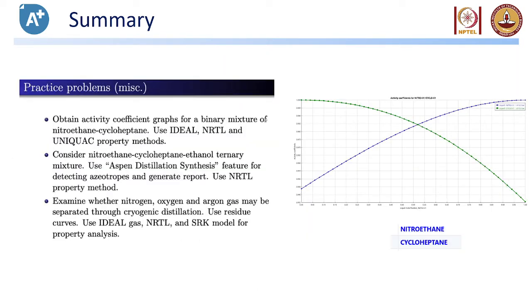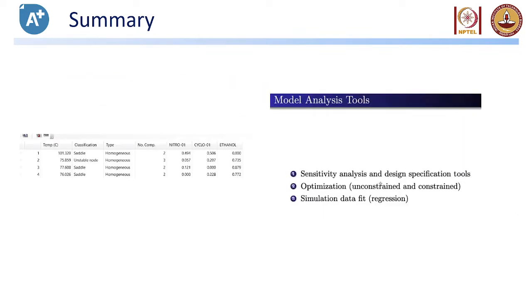Later on he was discussing real systems. He took one example of nitroethane and cyclohexane and calculated the activity coefficient using different models, right? Then he explained the model analysis tools which are available: sensitivity analysis, design spec, which we used during the last exercise, then optimization, both constrained and unconstrained, and then the regression tool.